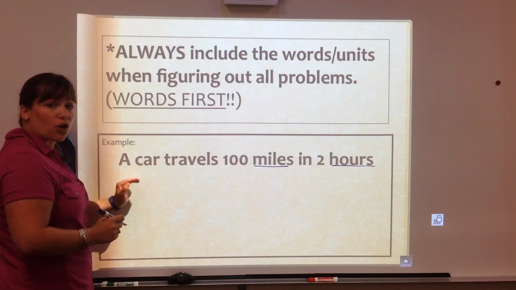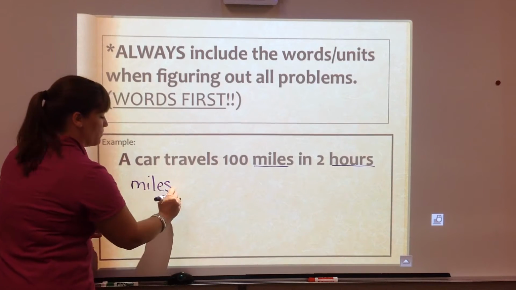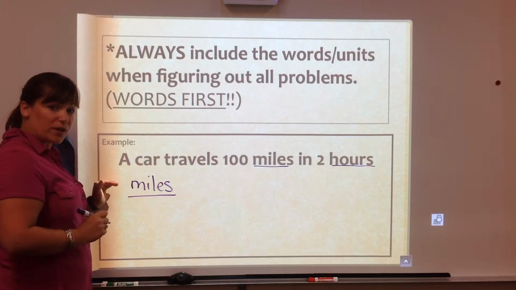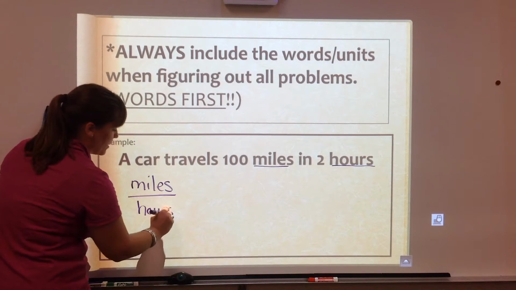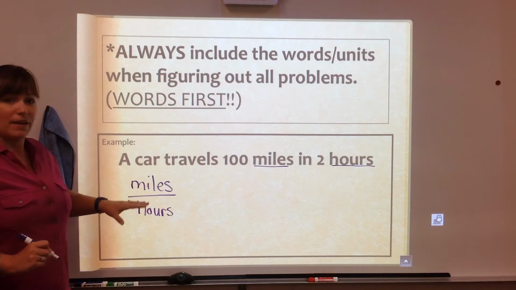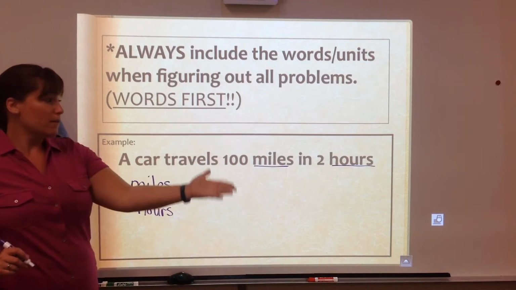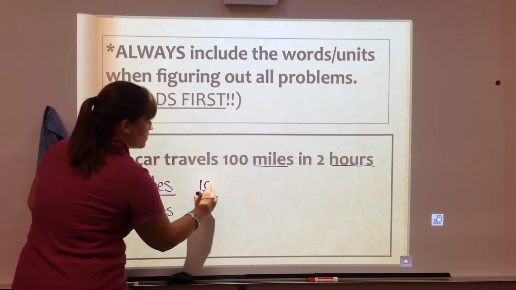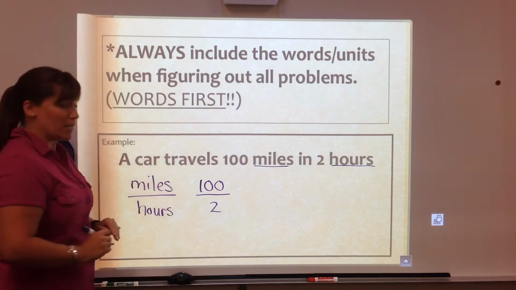So I'm going to show words first. Miles, I'm literally going to be writing it in the numerator, and then the hours, I'm going to be writing it in the denominator. Then I'm going to fill in the rate that I'm given, 100 miles in 2 hours. So 100 is going to be in the numerator, and 2 is going to be in the denominator.